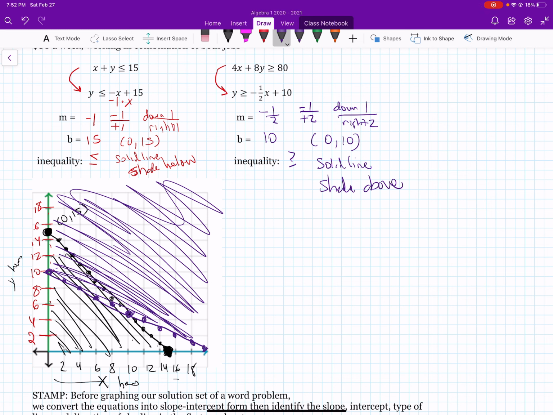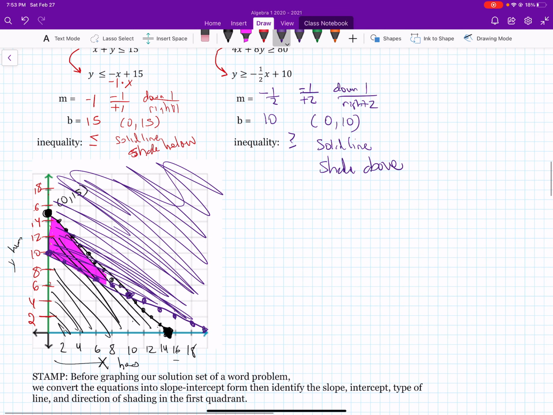All the way above. What we find here is that this solution set, this area, is a double shaded region, which is the amount of hours that Zanaya can work at both jobs, meaning she can work the first job at 2 hours and the second job at 10, or the first job at 2 hours and the other job at 12, or 4 hours and the other job at 12, or any variations, like I think here would be 3 and 11, or 1 and 13, right?